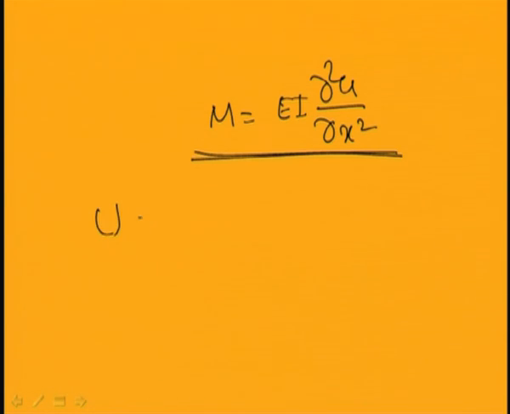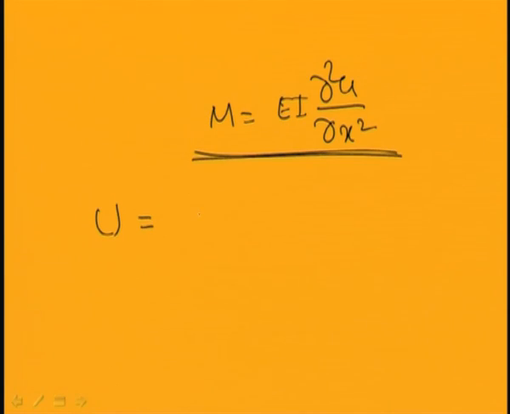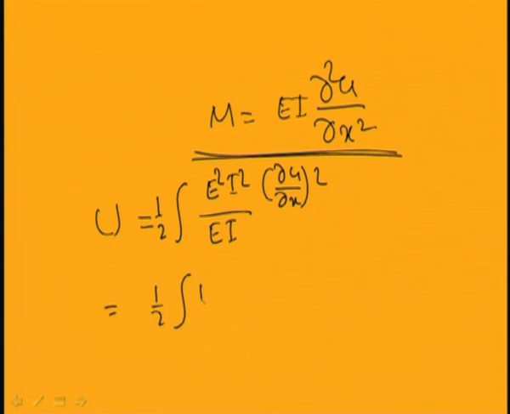So, this U, the potential energy or strain energy of that section, can be written as half, and for M square I can substitute M square by E I. So, I can write this equal to half E square I square del square u by del x square whole square by E I. This becomes half integral 0 to L of E I del square u by del x square whole square dx.